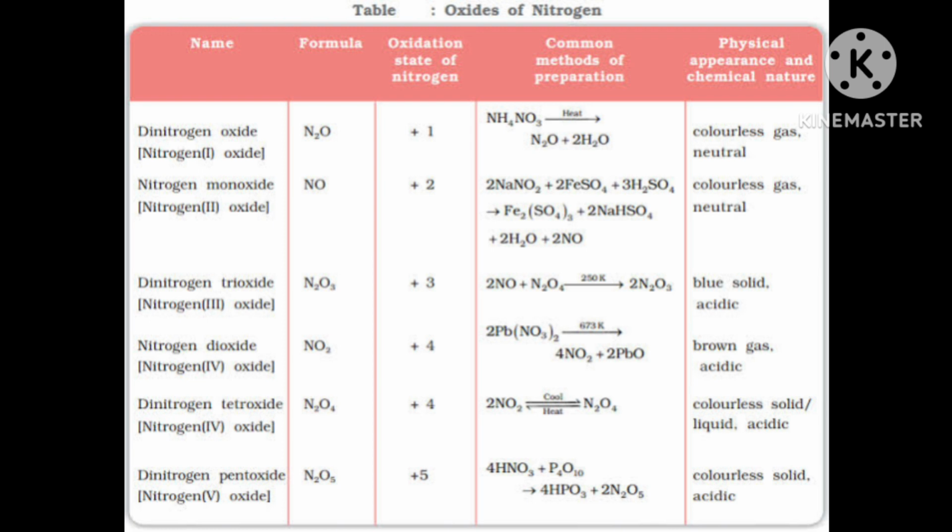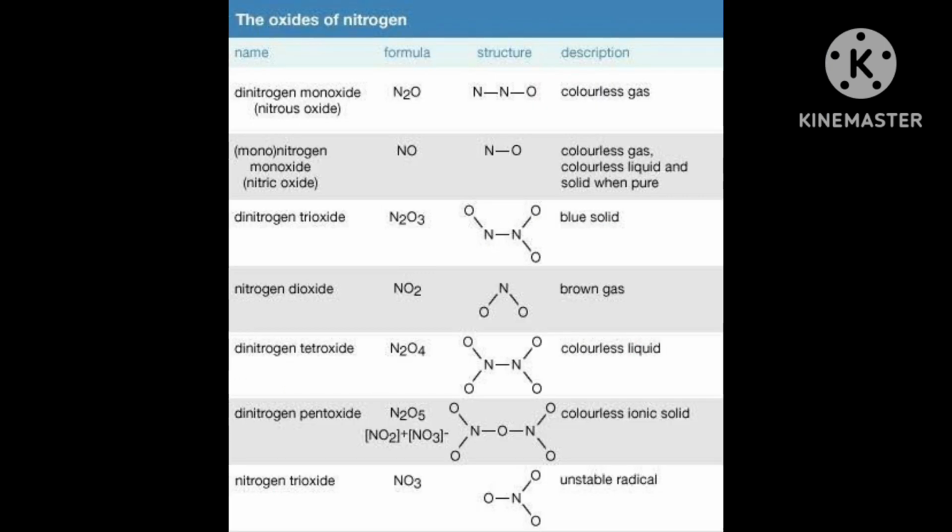Already you know that the octet must be completed, meaning a total of 8 electrons should be there on both atoms. Always think like that: every atom should get 8 electrons. Even if sharing is there, you can count the shared electrons for both atoms.